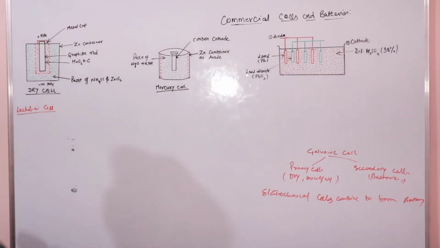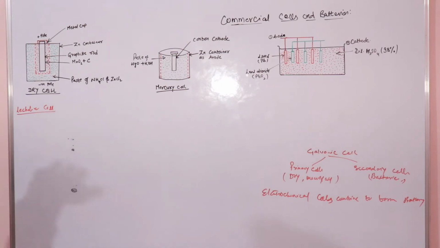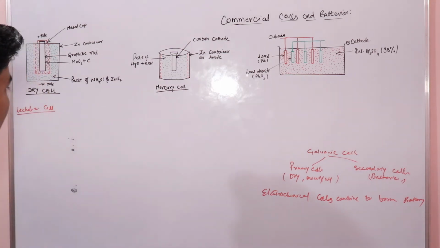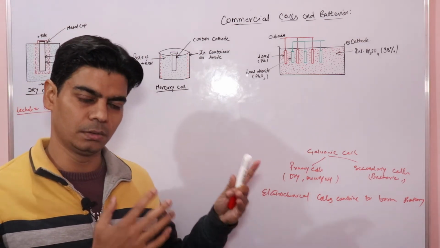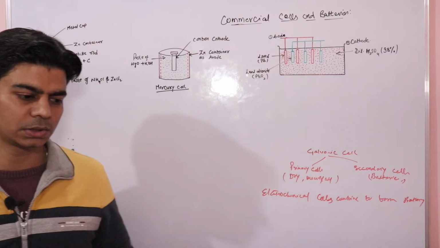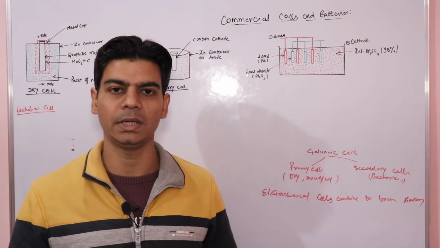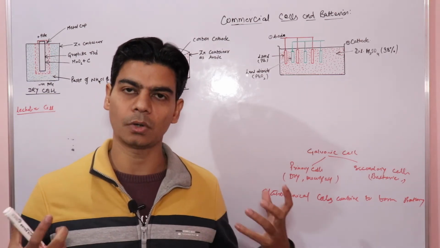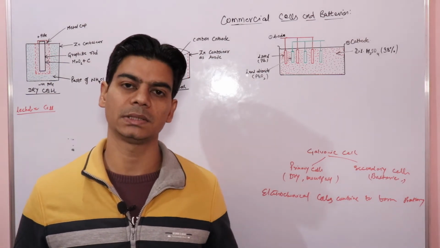Since this is a cell and this is a battery, what we will be concentrating on more is that a cell works because of an electrochemical reaction, the reaction that takes place at the anode and cathode, and we have an electrolyte. So we will be looking more at these reactions, and trying to understand how they work.